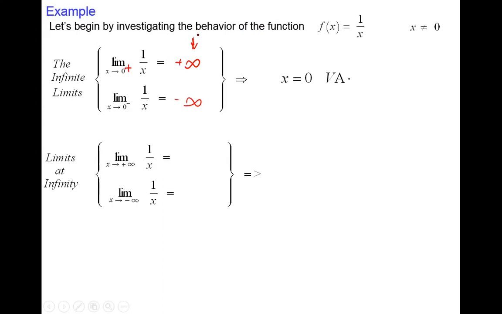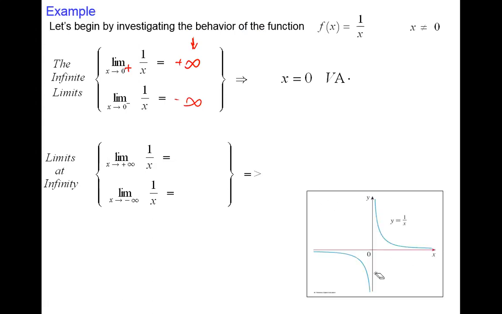Okay, but I also want to check how this function behaves at infinity, as x approaches infinity or negative infinity, which we will call limits at infinity. And having a graph, we can see as x is getting bigger and bigger and bigger, the whole output is smaller and smaller, right?